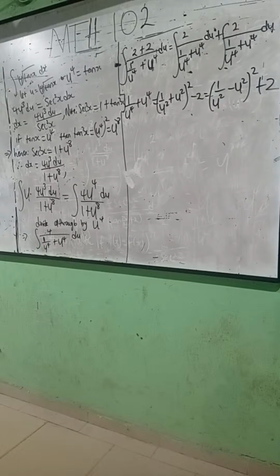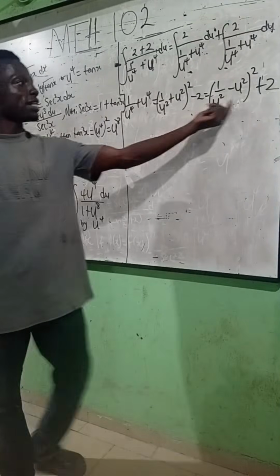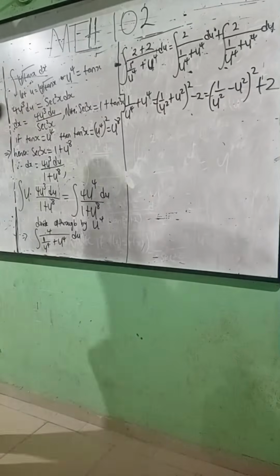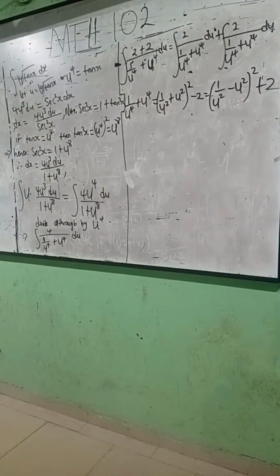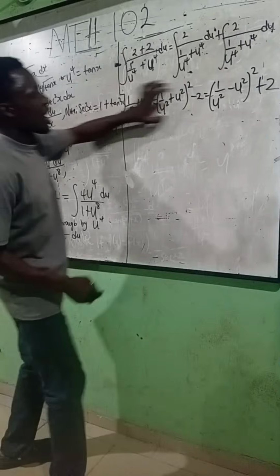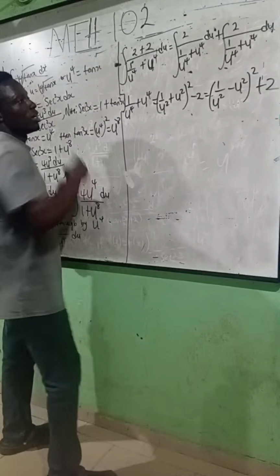It can either be the 2. If you expand this minus 2, you get this. If you expand this plus 2, you get this. You can try it in your notes. So this denominator can be represented in this pattern.